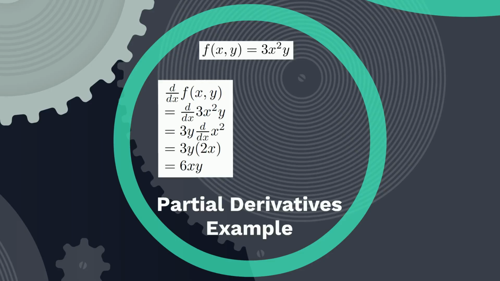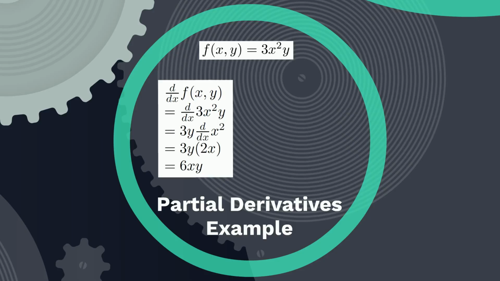Specifically, it's going to follow the multiplication rule. So what we can actually do is move that y as well as the coefficient 3 out in front of the derivative and just take the partial with respect to x of the x squared. So now we have 3y multiplied by the derivative of x squared with respect to x, which is simply going to be 2x. Multiplying the 3 and the 2, we get 6xy is going to be the partial of f of x, y with respect to x.